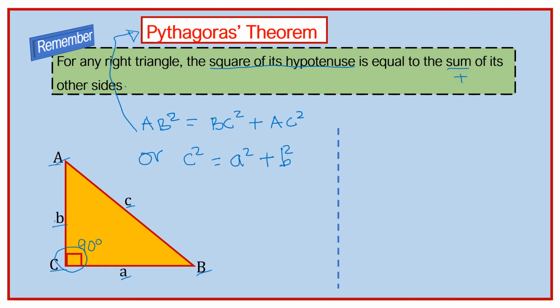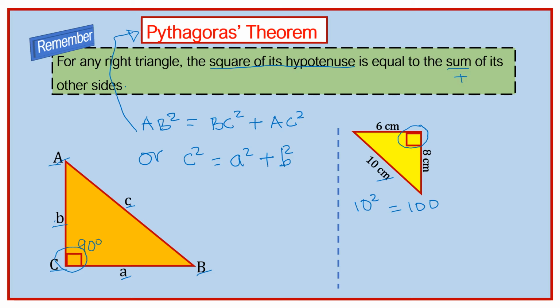Now, this is actually what we are talking about. Look at that triangle. We can see that it is a right triangle because it has got 90 degrees. The hypotenuse is 10 centimeters. So, once we get 10 squared, we will get 100.